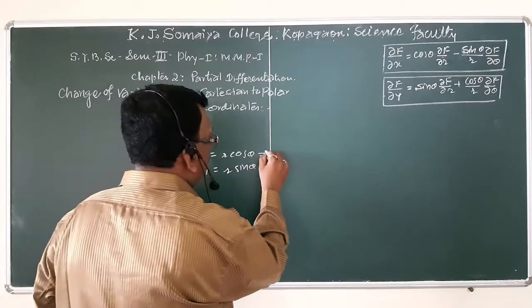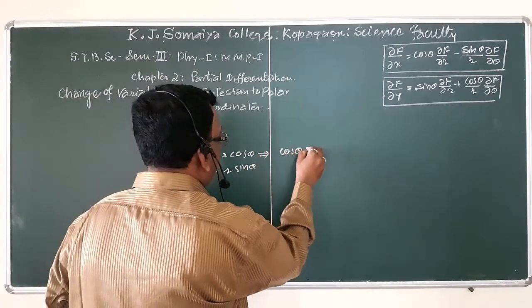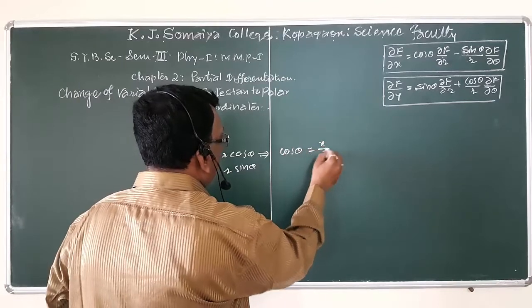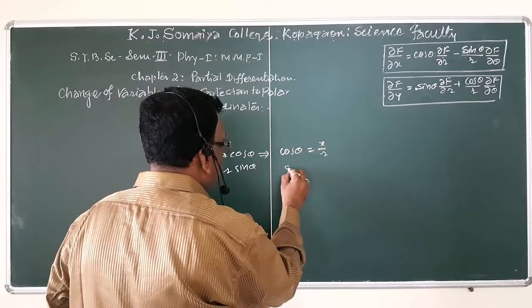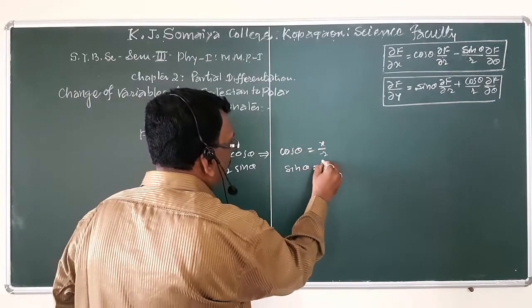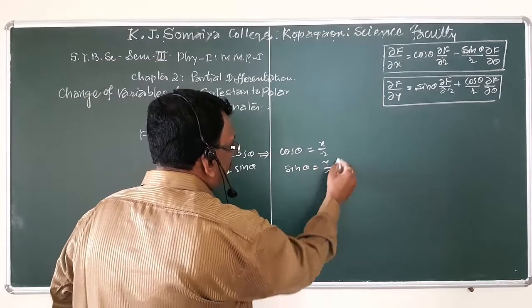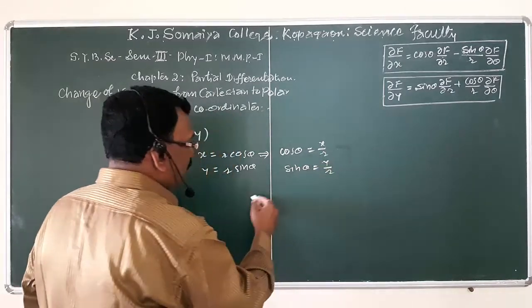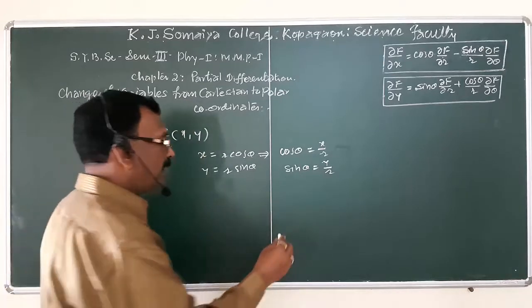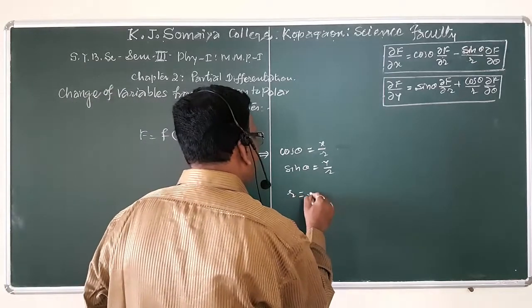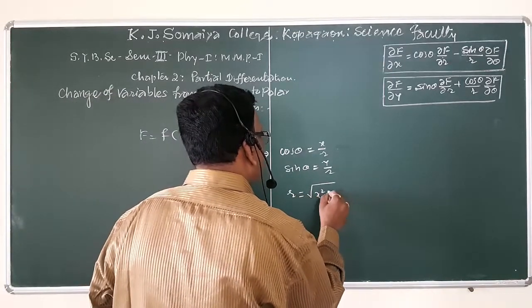From this we can write cos theta is equal to x upon r, and sin theta is equal to y upon r. Again, as we have seen in complex numbers, r is equal to the modulus of x square plus y square.